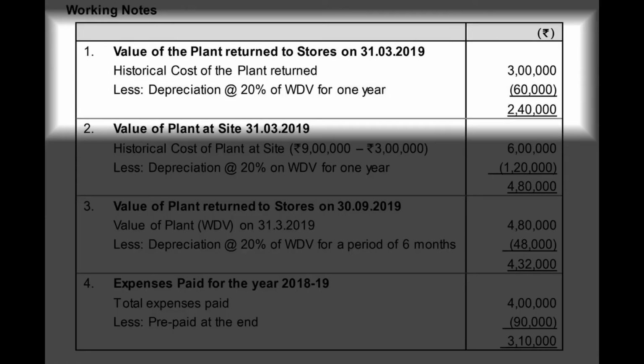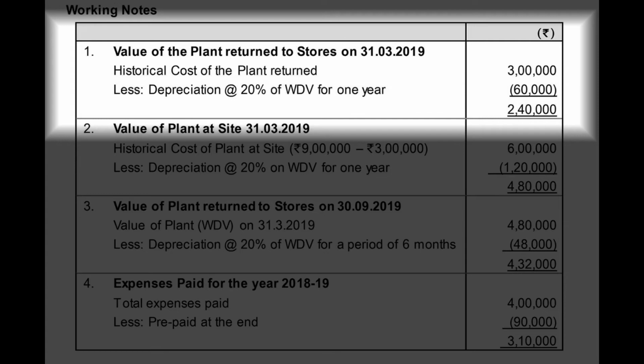The heading should be value of the plant returned to store as on 31st March 2019. Under that, historical cost of the plant returned is rupees 3 lakhs. Less depreciation at the rate of 20% of written down value for the year. So on 3 lakhs, we have to calculate depreciation 20% for 1 year. So 3 lakhs into 20% is what? 60,000.